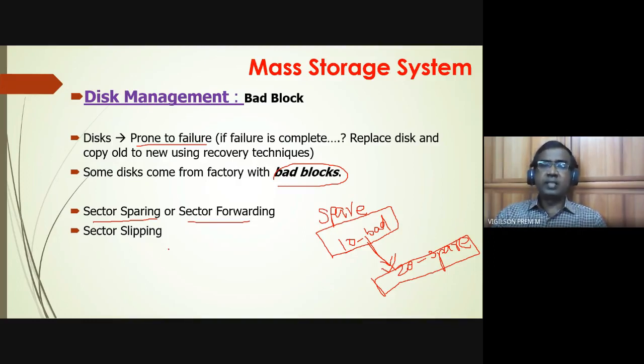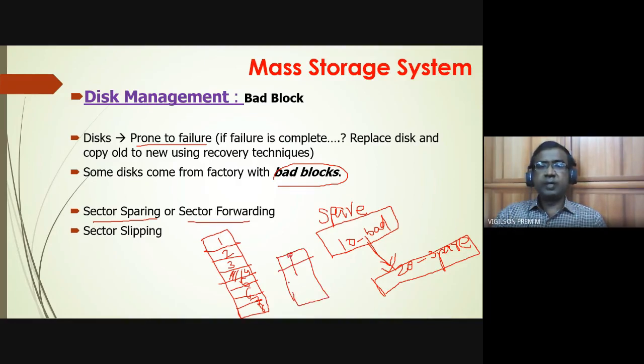Another one is sector slipping. If you remember, when inserting an element in an array, what will happen? These are all sectors, or these are all considered as blocks. Suppose this block is faulty. Here I have some data 1, 2, 3, here 4, 5, 6, 7, 8, and I continue here.